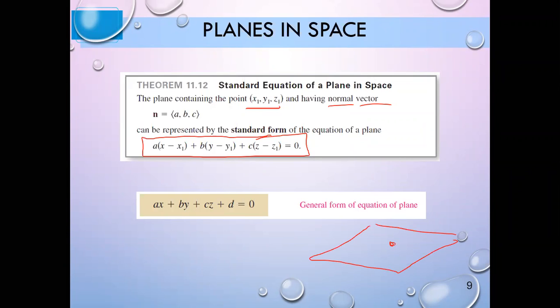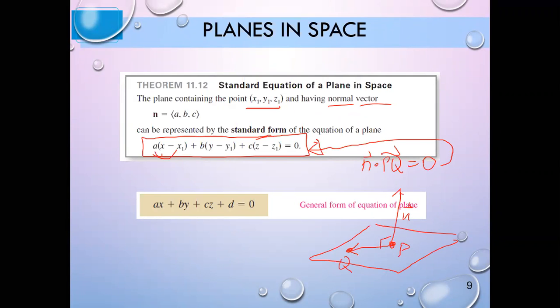So here's N, here's this point P, and then we went to any other point Q, and we said, those are going to be perpendicular. That is, N dotted with PQ is going to be what? 0.